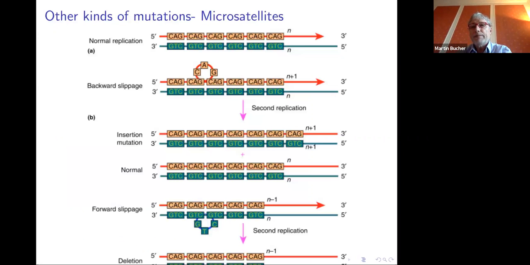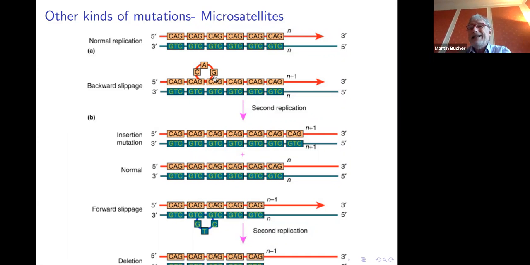And there are other sorts of differences in the non-coding parts of the genome. So these microsatellites are basically repeating units, so that you have a short pattern that repeats itself many, many times.